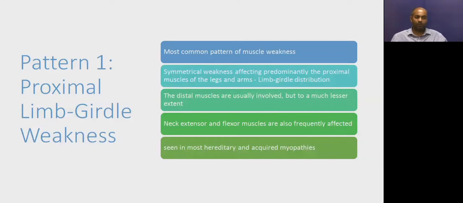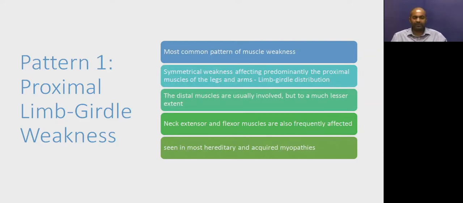We see symmetric weakness affecting predominantly the proximal muscles of the legs and arms, also known as the limb girdle distribution.